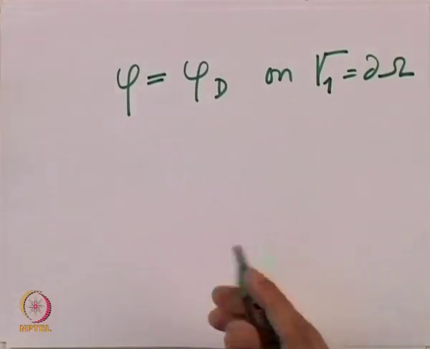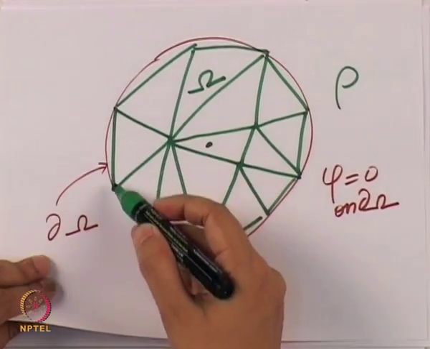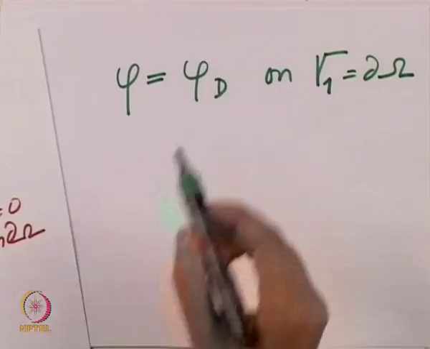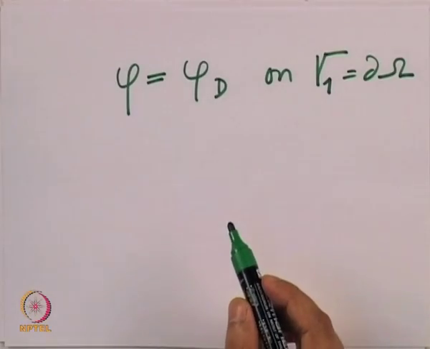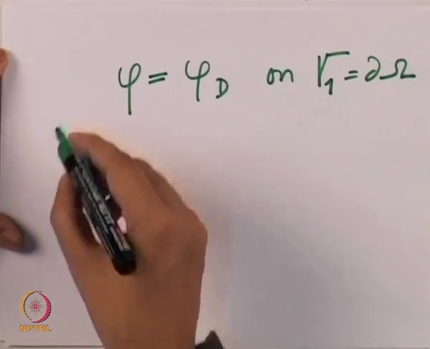Let us say for certain parts we say it is going to be equal to this value. This is the Dirichlet boundary condition.